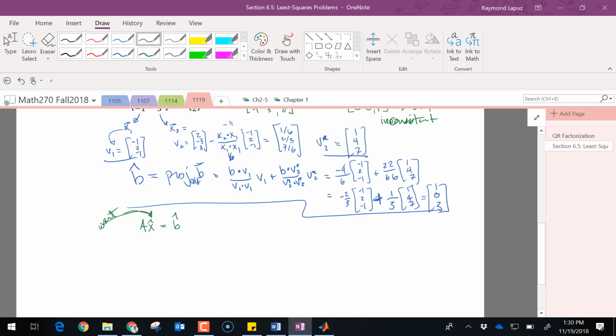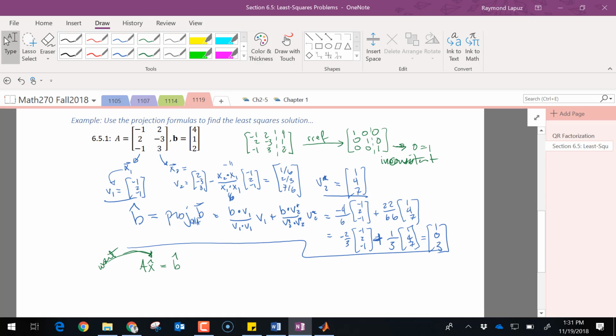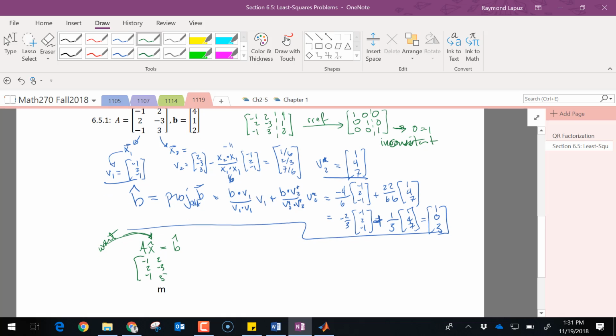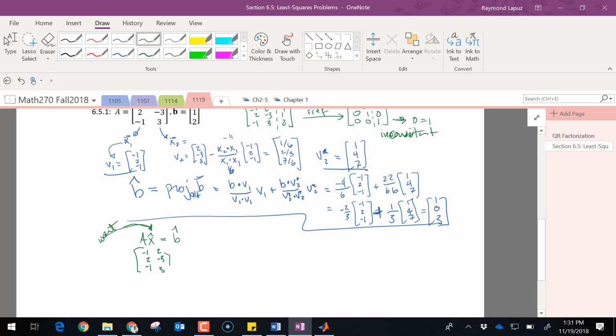This is the X that's going to give us the position closest to B. So what was A again? A was equal to -1, 2, -1, 2, -3, 3. X hat is equal to 1, 0, 3.